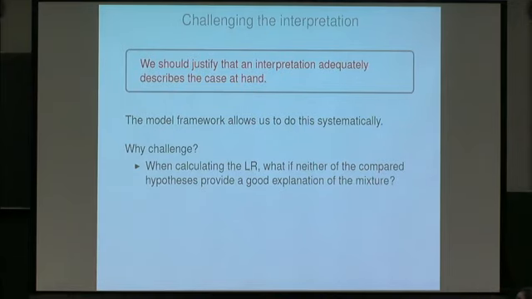Some examples for why this is relevant to a particular case is also something we actually discussed yesterday in the discussion session. If we calculate a likelihood ratio, we might get something that looks really discriminative, but what if neither of the two interpretations are any good?